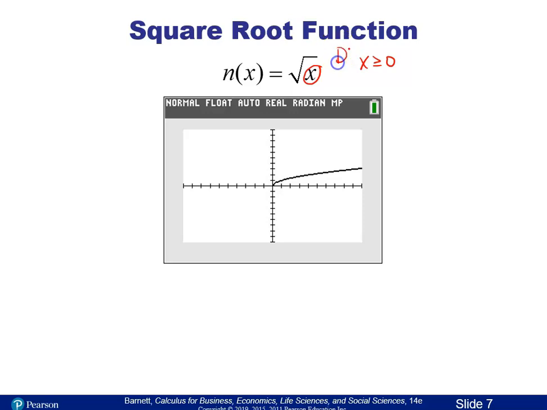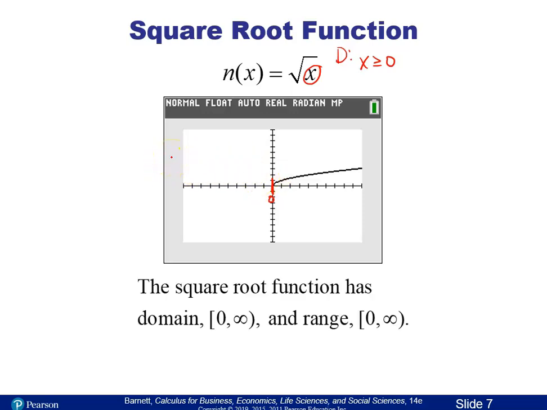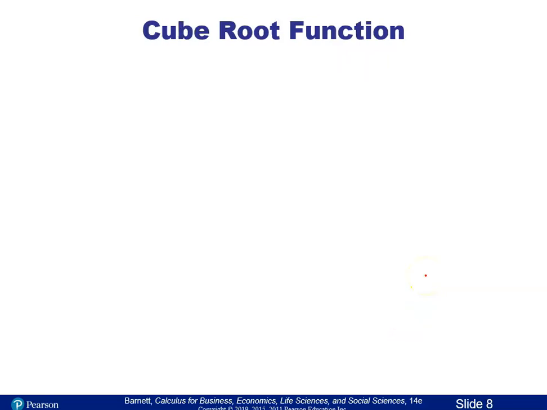Because the domain is restricted to only positive numbers, the graph starts here at 0 and goes to the right, but you don't have any values over here to the left. And so that means the domain is from 0 to infinity, and the range on this one starts here on the y's and goes gradually up. As it goes over, it's going up. So the range would be from 0 to infinity as well.